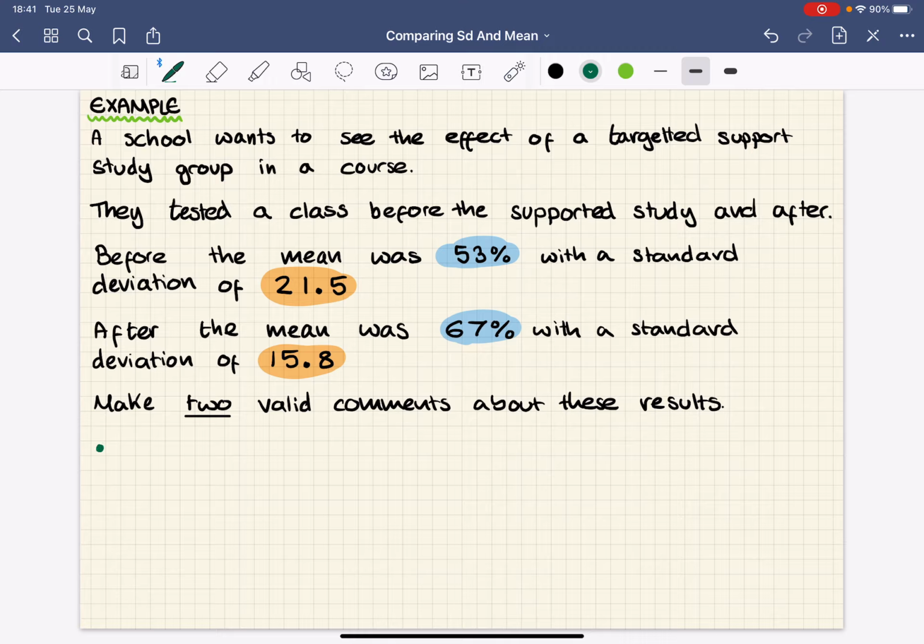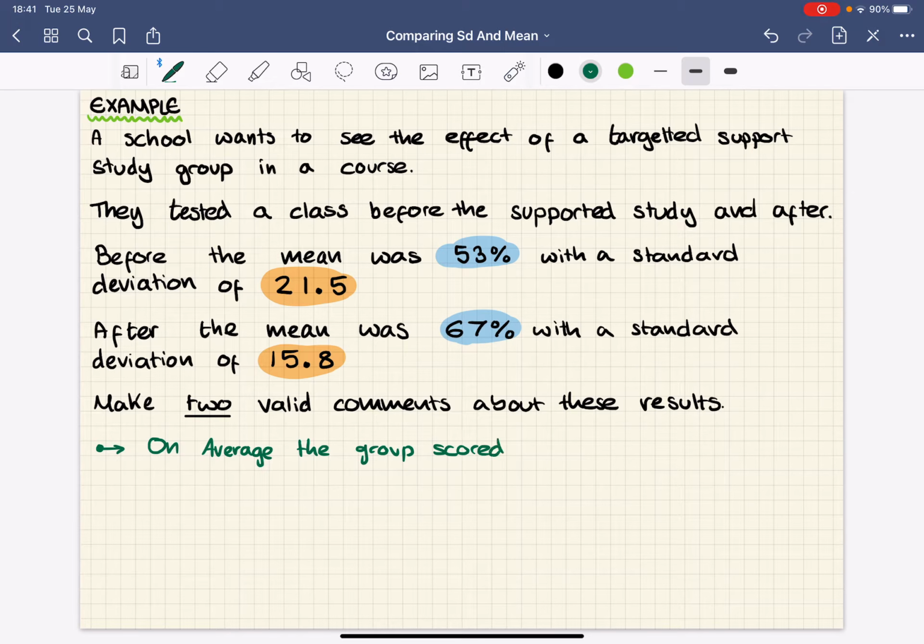So comparing the mean, I want to say on average, the group scored more, because in this case our mean has increased.